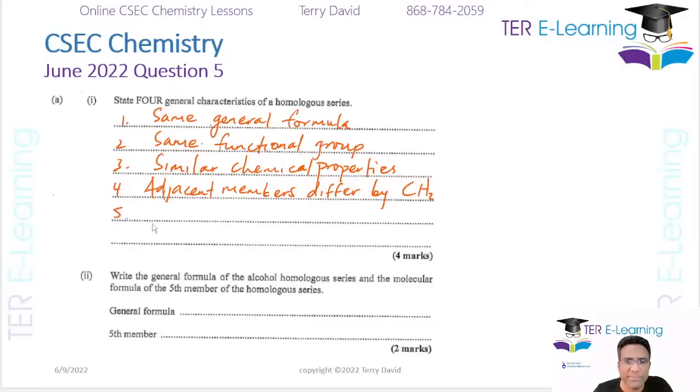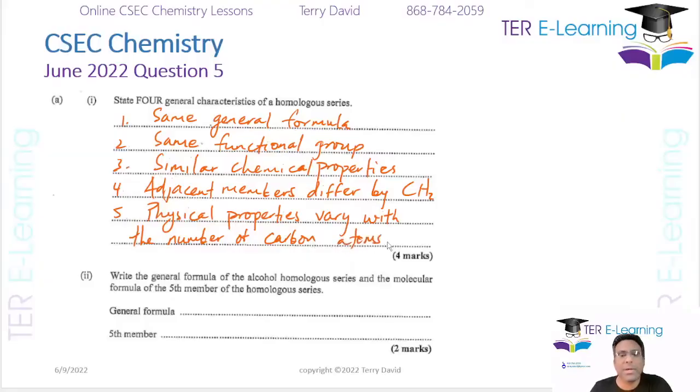And the 5th one, physical properties. They only want 4, but I'm just giving you what the 5 are. Physical properties vary with the number of carbon atoms. So they only want 4, that's it.